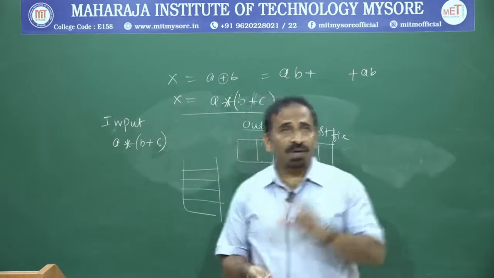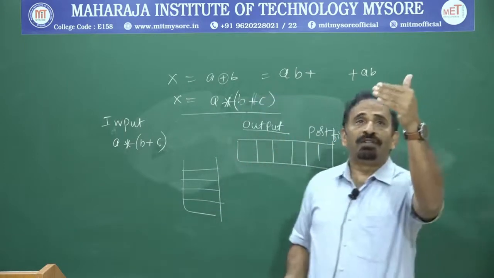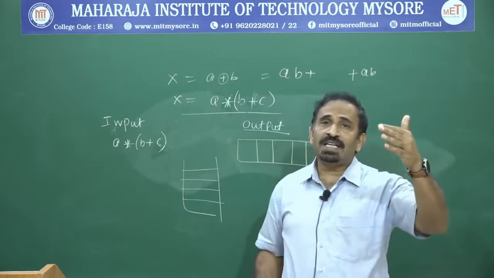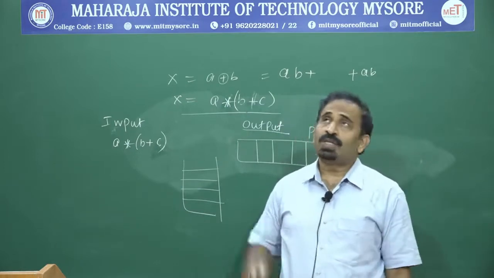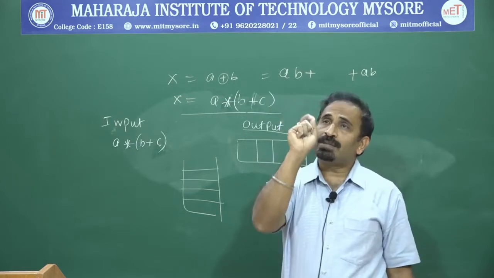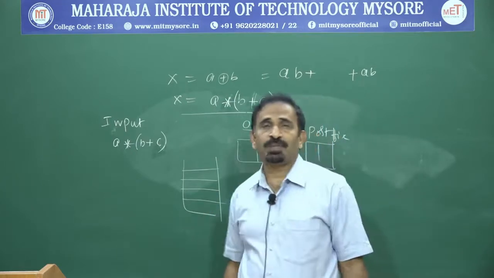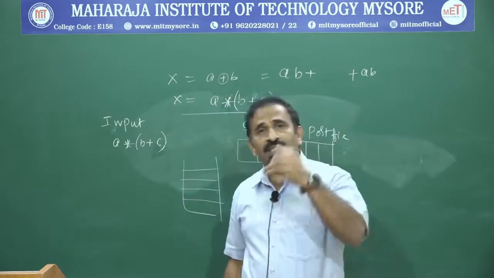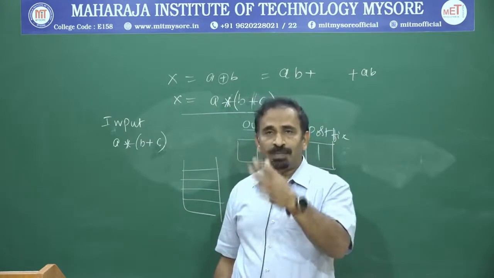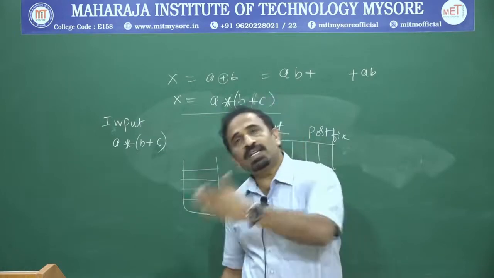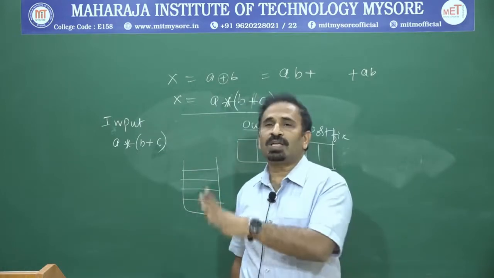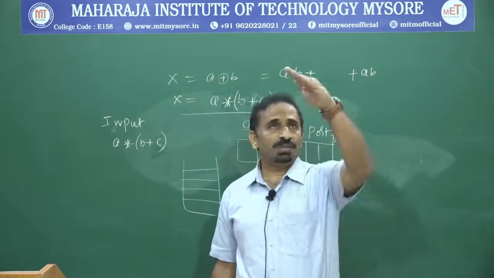So first of all I set the precedence for each type of operator. I try to treat plus and minus as one type of precedence. Similarly, star and division, multiplication and division, as a second kind of precedence, and exponential as a third kind of precedence.